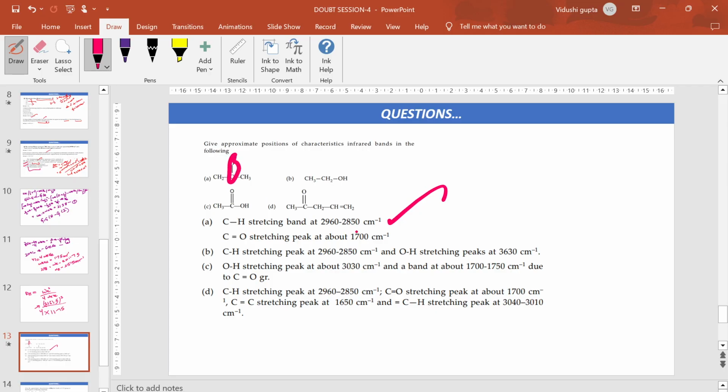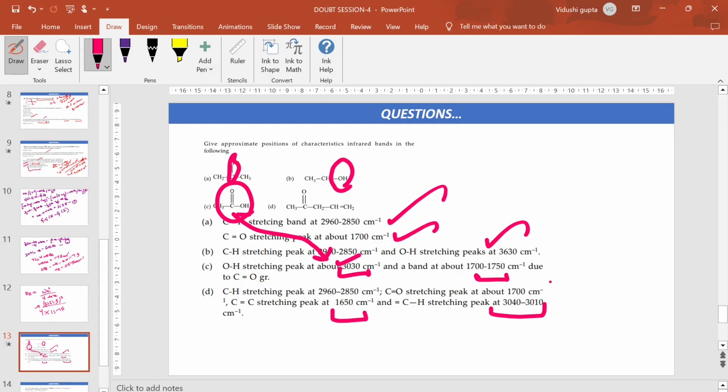It's a ketone carbonyl, so nearly 1700. We know for the OH stretch in ethanol, nearly 3000. Sorry, for the OH stretch, it will be nearly 3630 and CH stretch 2900. For the acid, OH will be at 3000 and the carbonyl at 1700 to 1750. Similarly, for the ketone, nearly 1650, CH stretch at 3000 and carbonyl at 1700.